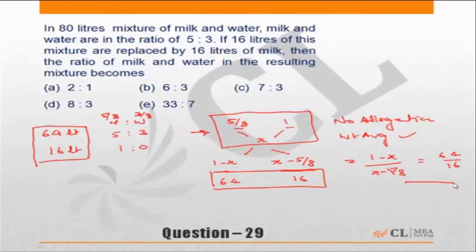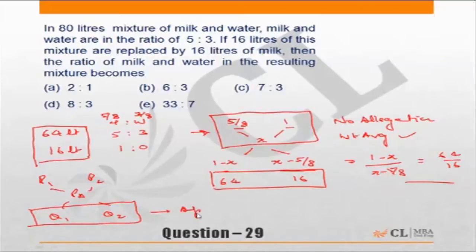While this will give you the answer, it will make your question lengthier. Just to repeat, you have P1, you have P2, you have an average, and this gives you the ratio of quantities. To determine the ratio of quantities, apply alligation. To determine one of these three variables, you should apply weighted average.